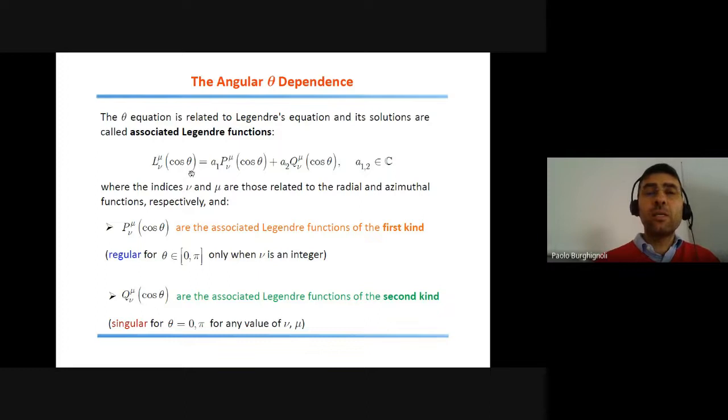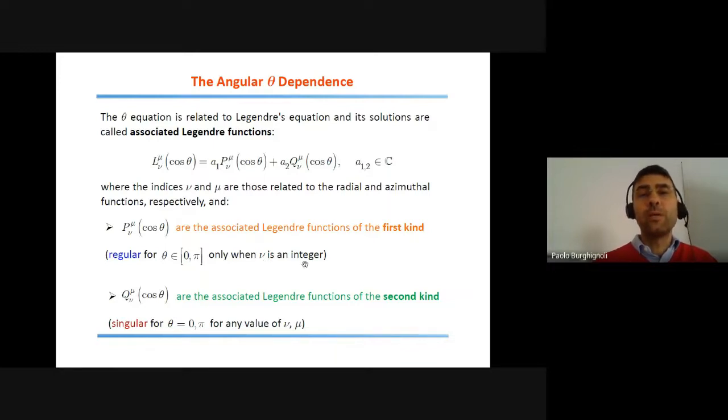And this is, in general, a linear combination with complex coefficients of two special kinds of associated Legendre functions, those indicated with the capital letter P and those indicated with the capital letter Q. The first ones are the associated Legendre functions of the first kind, and those are regular for any theta in the interval between 0 and pi, which is the physical range of variation of this spherical coordinate, only when the lower index, nu, which is related to the radial dependence, is an integer.